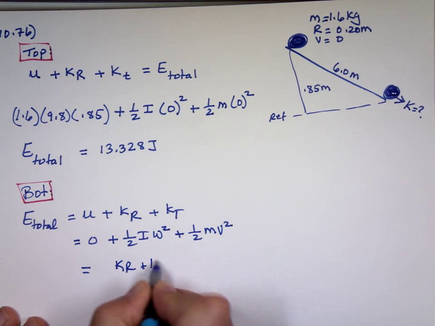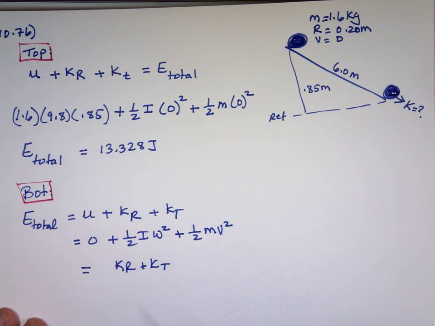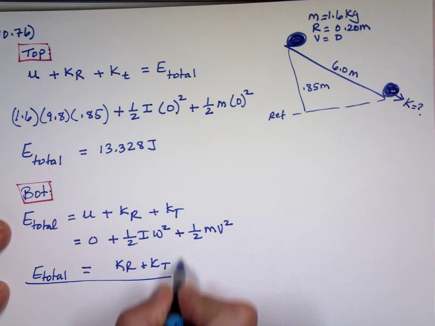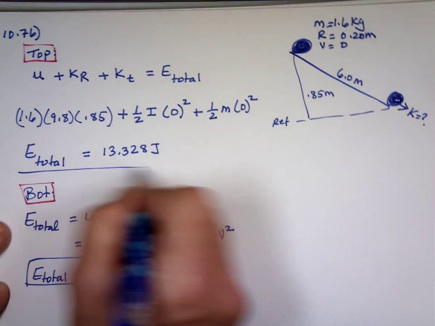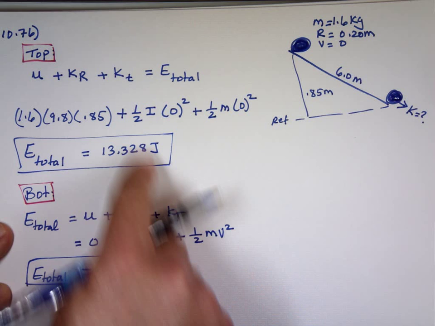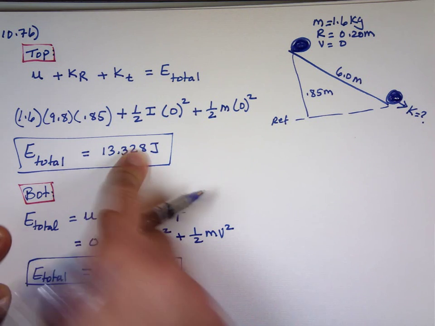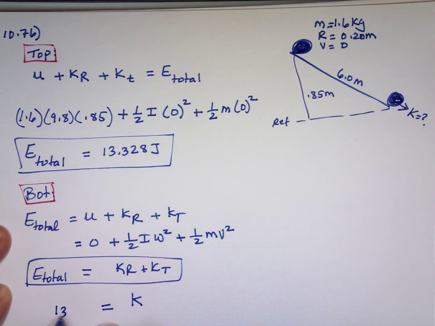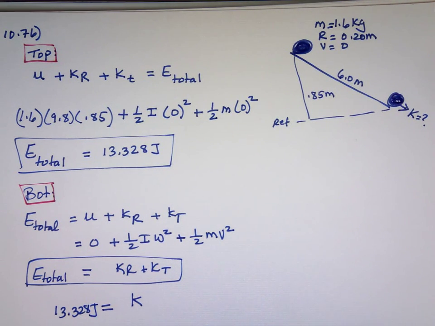There's no potential energy. Maybe for part B, I need to know other stuff. But that's what the total energy at the bottom is. Just kinetic energy. And you want that to equal this, right? Conservation of energy. So the kinetic energy at the bottom should equal 13.328 joules. And if they want two significant digits, that's 13 joules.